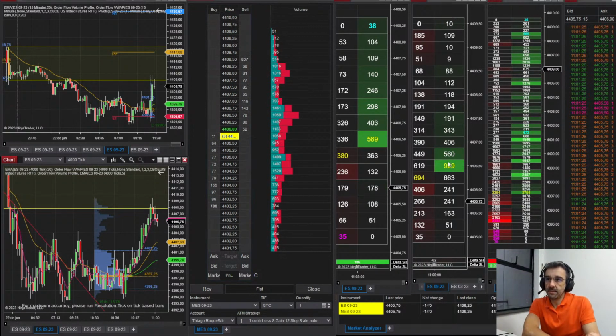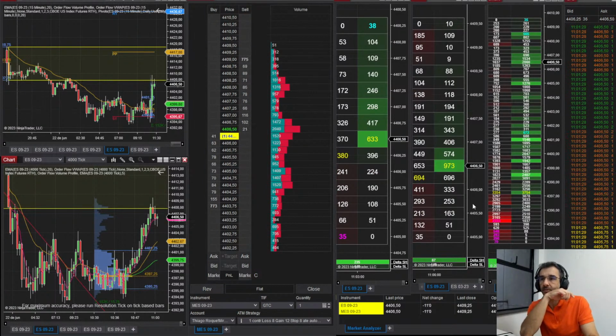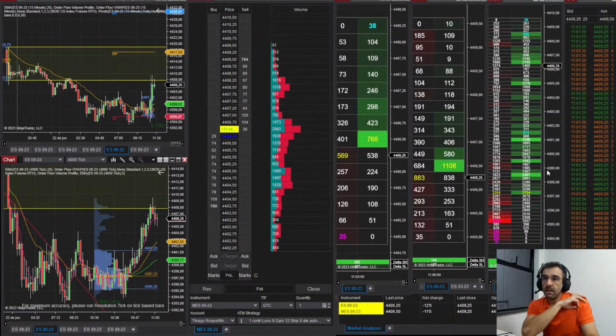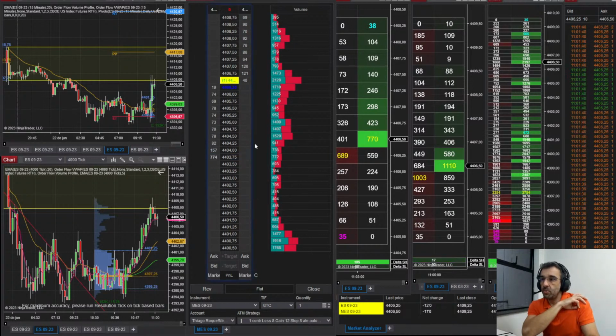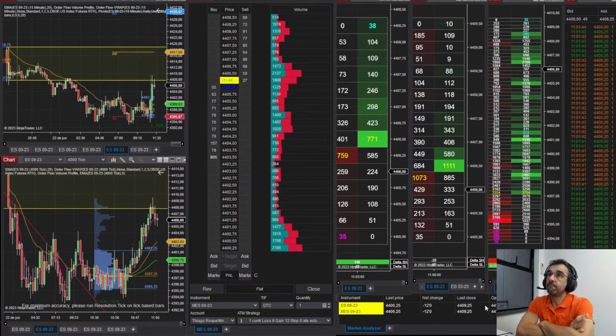You see that buyers made aggressive orders, but sellers absorbed at 6. Let's see if price will be able to trade above the 5.